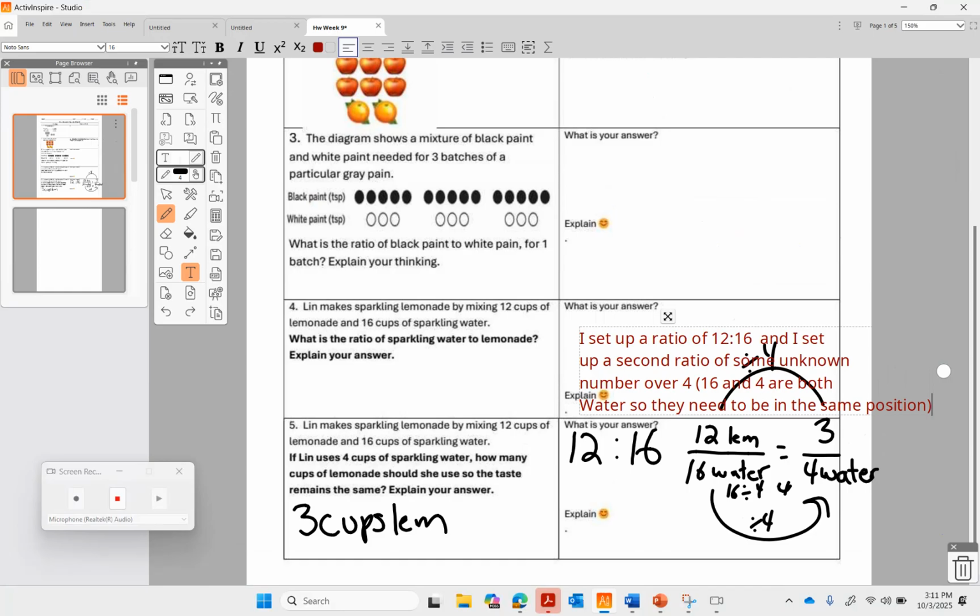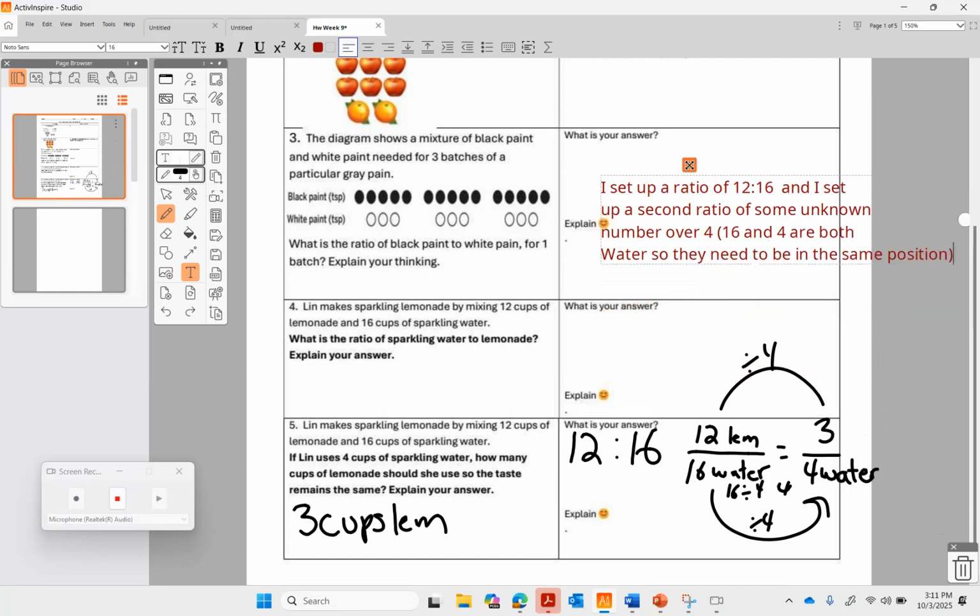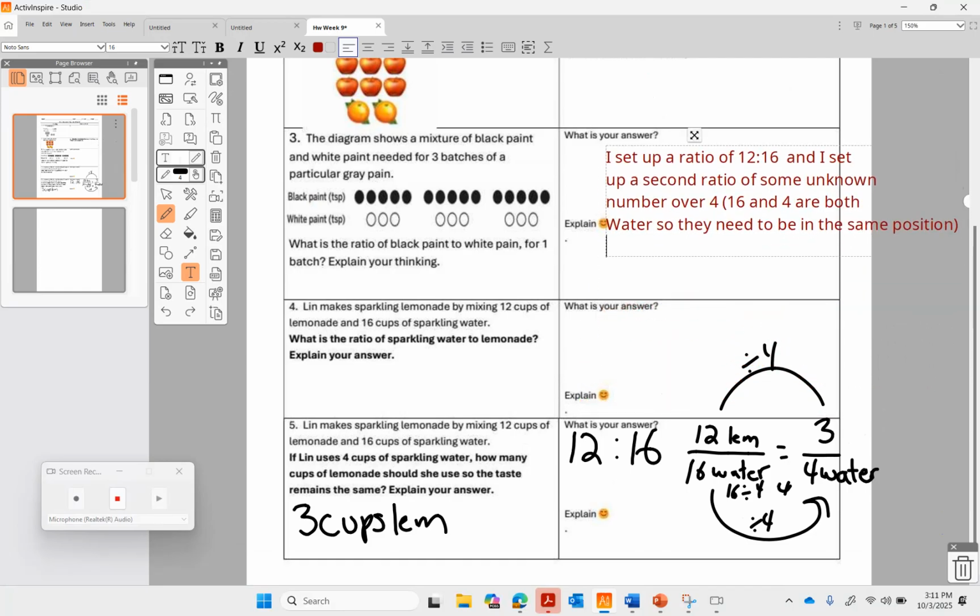I'll just move this up here a bit, okay? Then I figured out that to get from 16 to 4, I needed to divide by 4.